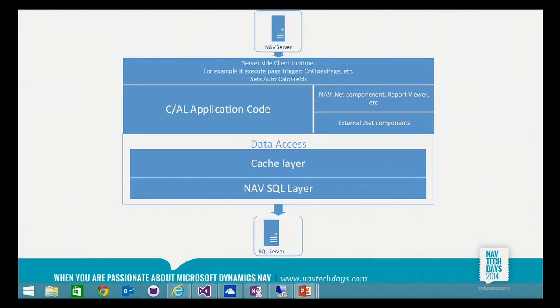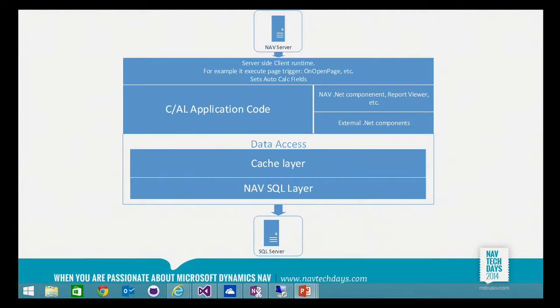In that part, you can get perf problems. Underneath, we have the C/AL application code, which can execute internal or external .NET components, and that can cause a performance issue.